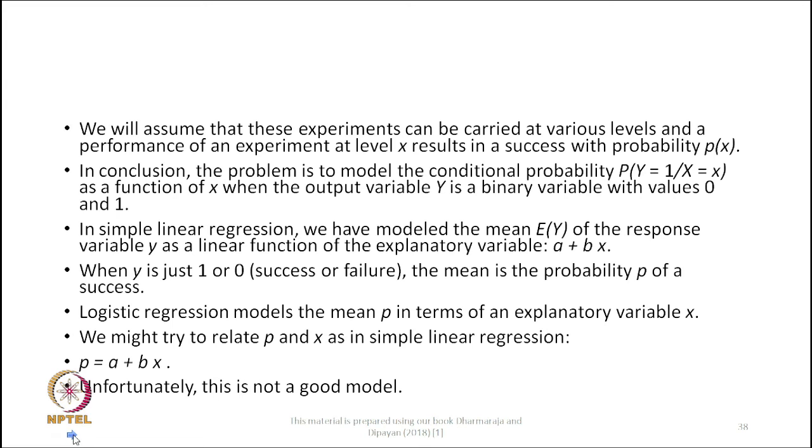Now, we will assume that these experiments can be carried out at various levels, and a performance of the experiment at level x results in a success with probability p(x). The success probability p we are now relating with the level x, and therefore we treat p as p(x). That means the problem is to model the conditional probability that y takes the value 1 given that x takes a value small x.